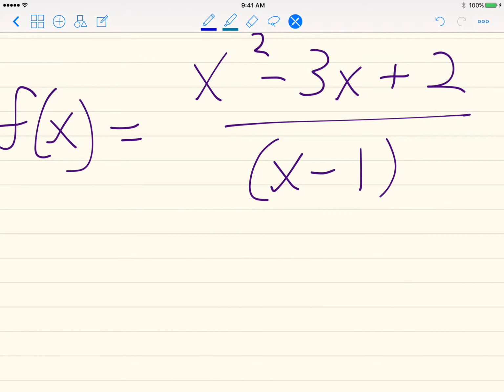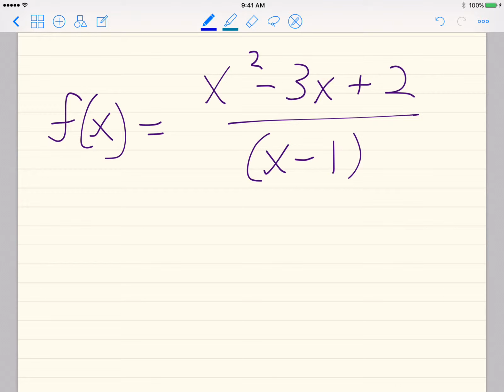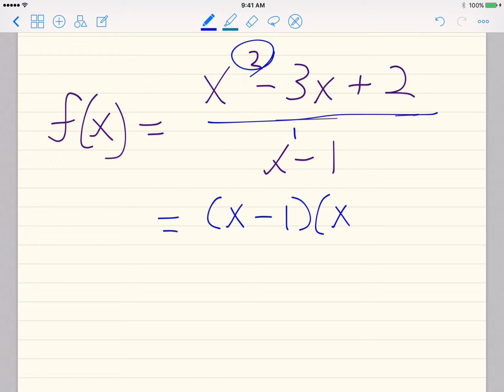If you look at another expression here, f of x equals x squared minus 3x plus 2 over x minus 1. Notice that the degree of the numerator is greater than the degree of the bottom. And notice that you could also simplify this more by factoring.